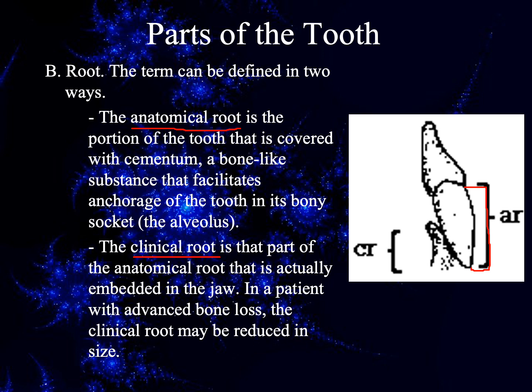Why? Because some patients have pathological problems that let part of the root be visible with the naked eye in the oral cavity. So what is left covered by the alveolus or the socket is the clinical root.